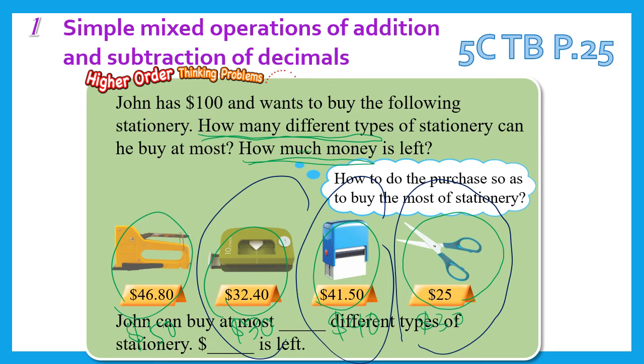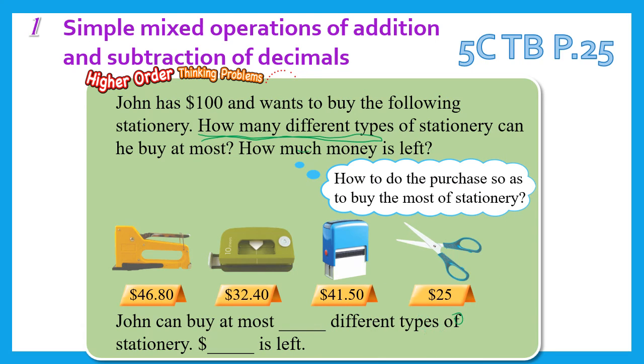How much money does he have left? I cross out everything else first. I guess he can buy these three, so I just do the calculation for these three.